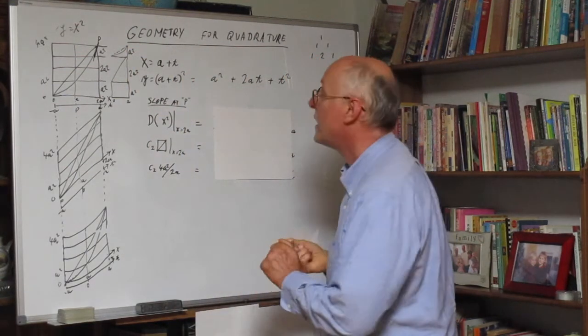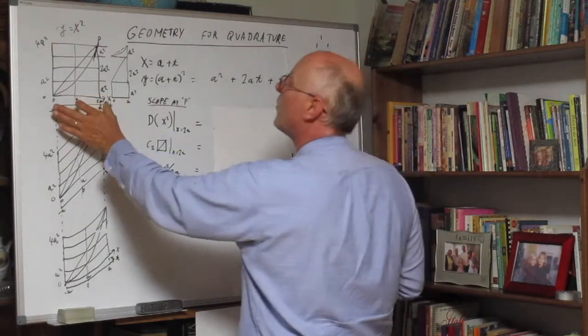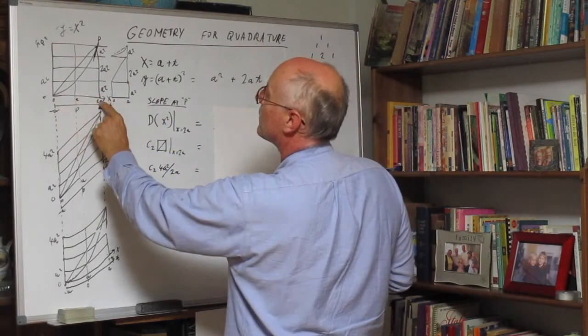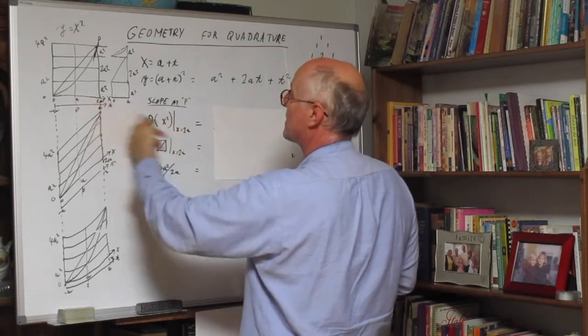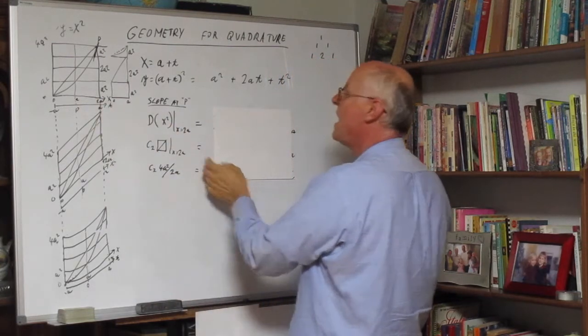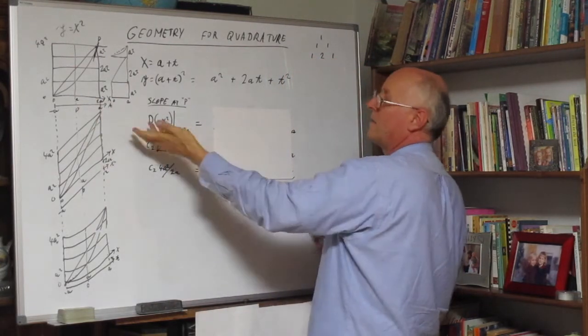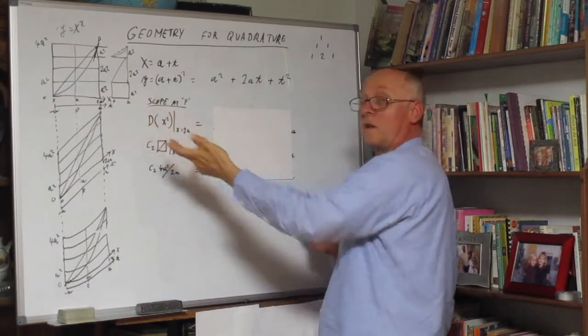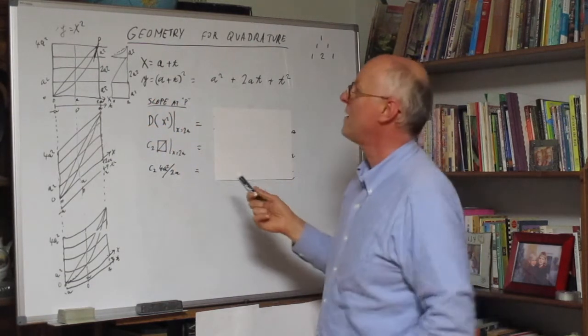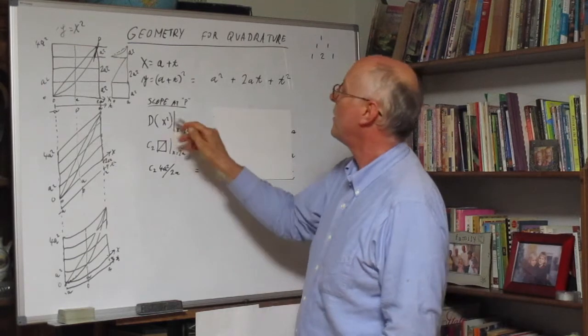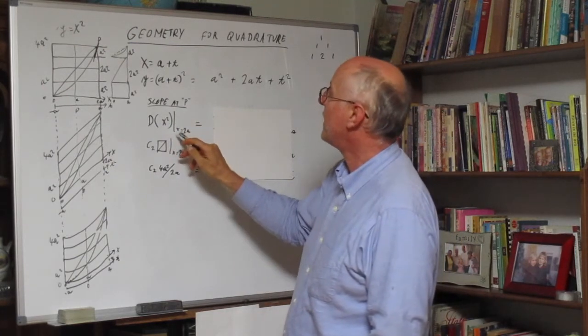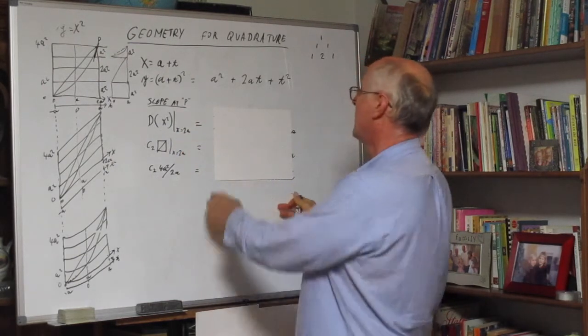Well, from the x perspective, that's the point where x equals 2a, right? That's the d, which stands for tangent slope. That's our box operator. You've seen that before. Of x squared, evaluated at x equals 2a.